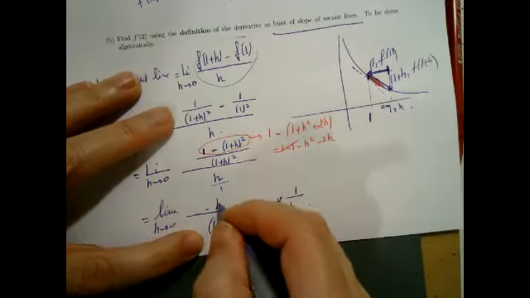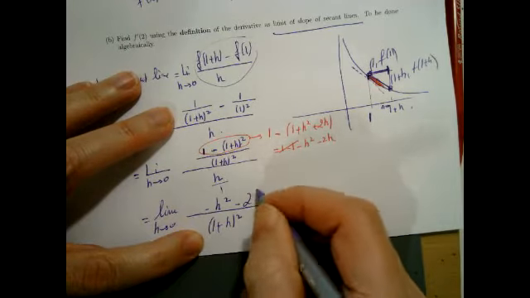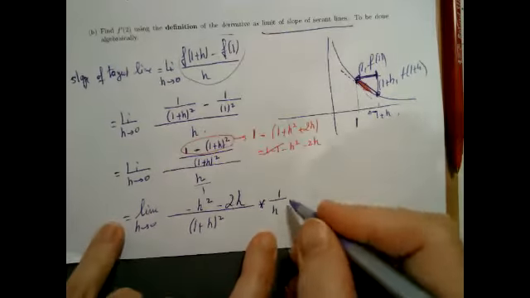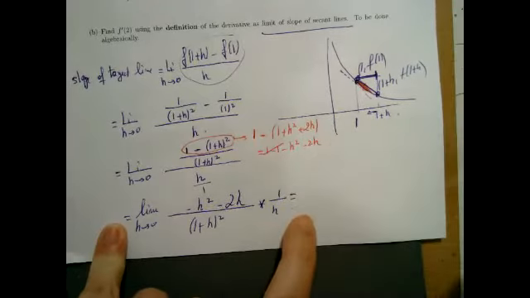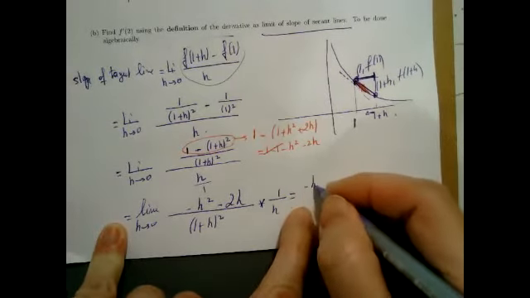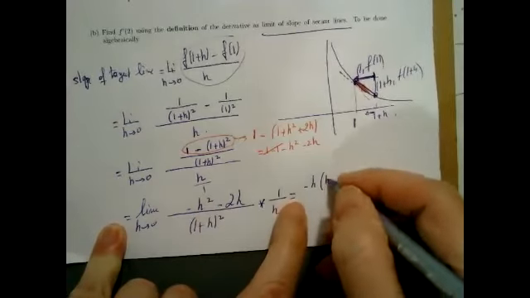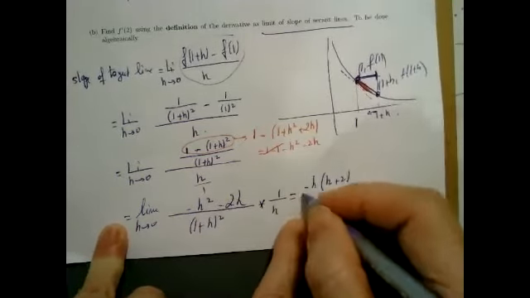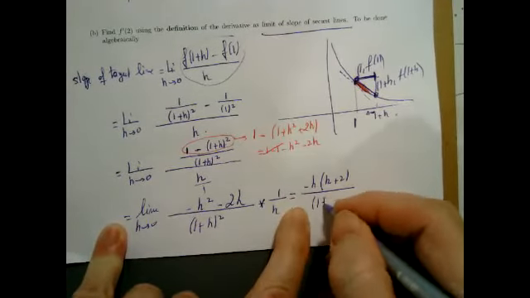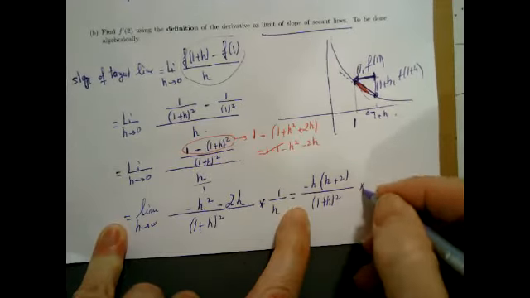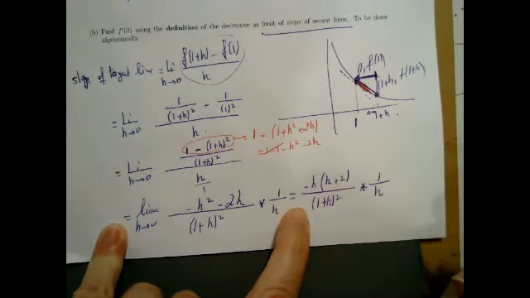I will have minus h squared minus 2h. Very good. Now we're going to factor out the h in the numerator. Actually, I can factor out the minus h, which leaves me with h plus 2 over 1 plus h squared, times 1 over h.